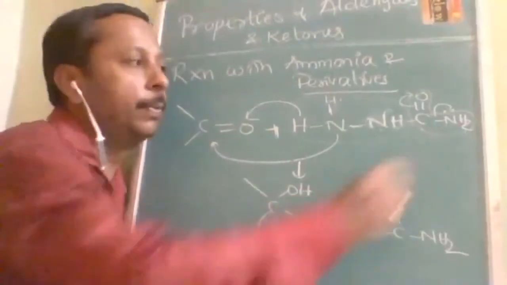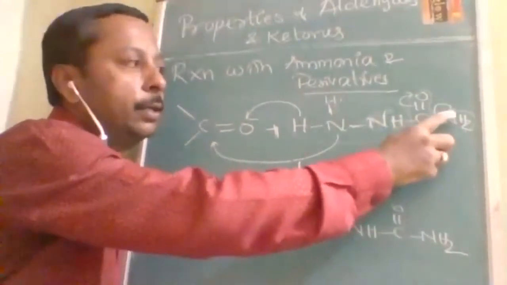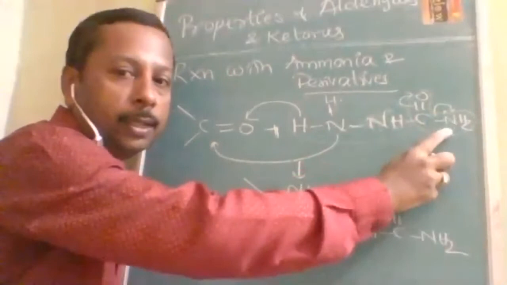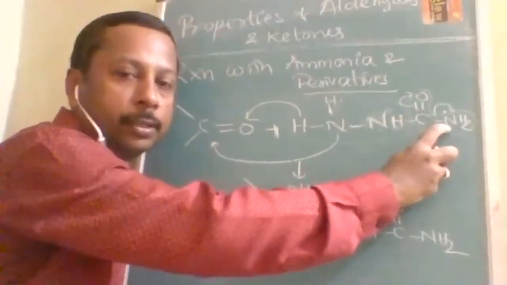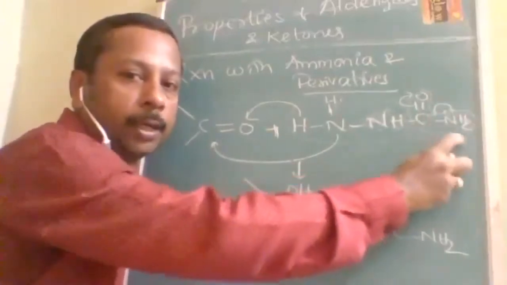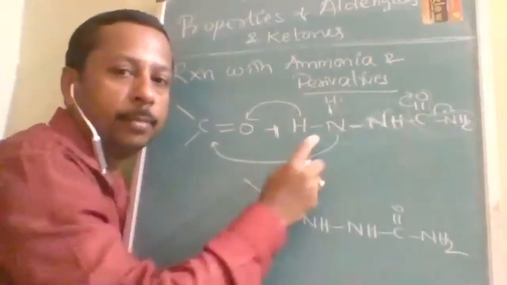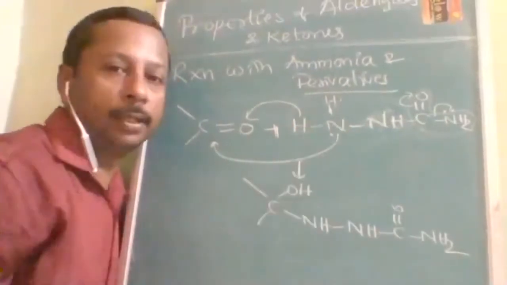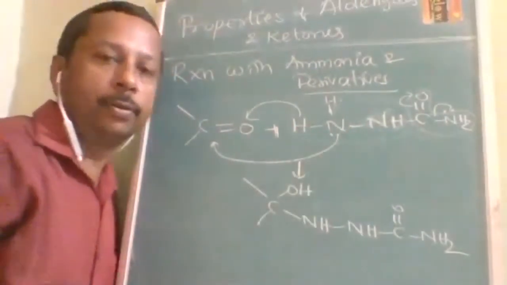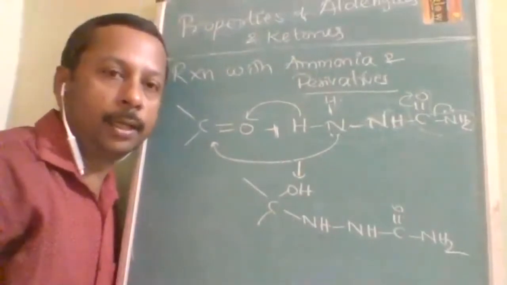So the lone pair of this nitrogen is involved in conjugation, therefore this part will not participate. But this nitrogen has a free lone pair, and nucleophilicity depends on electron density.